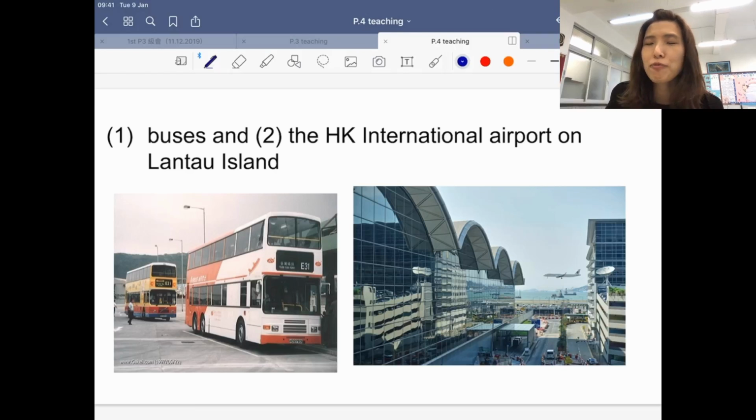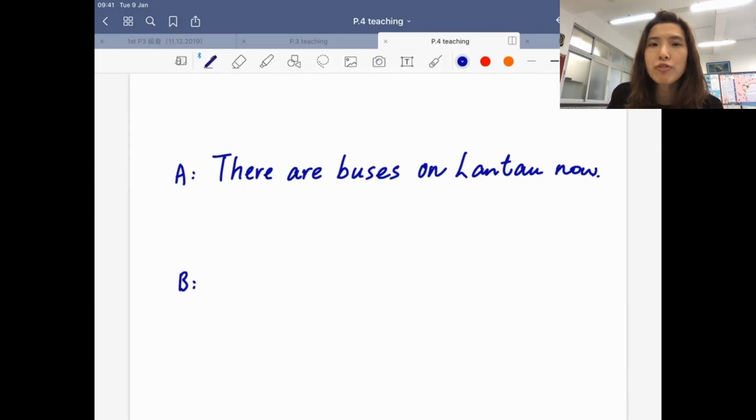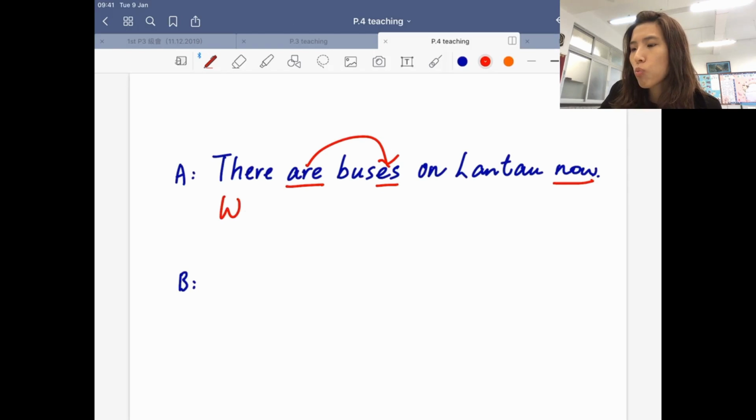So this is the picture of the buses. Of course, we have buses now, so we have to use present tense. We will say there are buses on Lantau now. We use are because it's plural. And then we have to ask the question, how about 20 years ago? Of course, we have to use past tense then. The past tense of are is were. So were there. It's a question and we want to emphasize, so we add another word. That word is any.